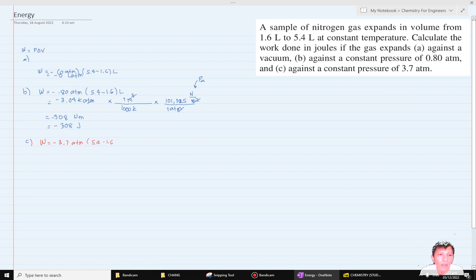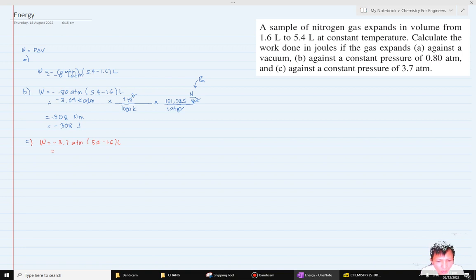5.4 minus 1.6 liters. So, we can go directly, taking into consideration the last solution we have, which is 3.7 times 5.4 minus 1.6, multiplied by 101,325 divided by 1,000.